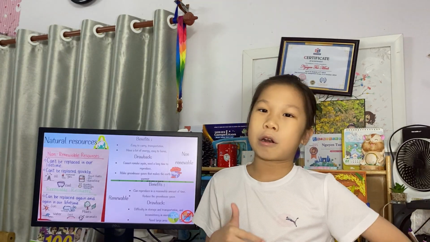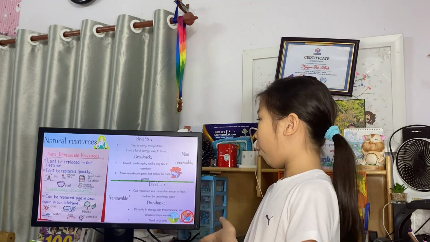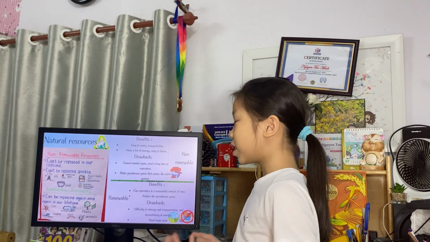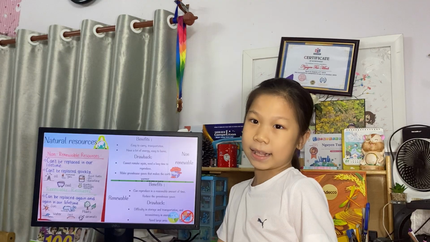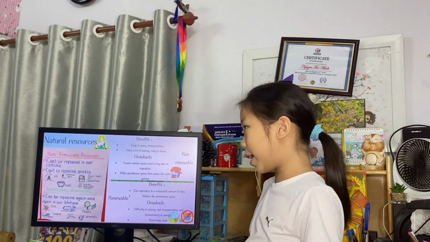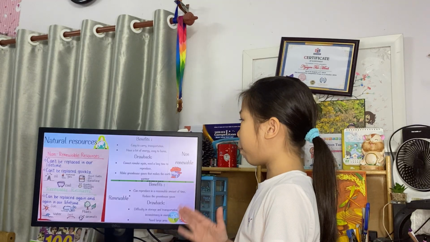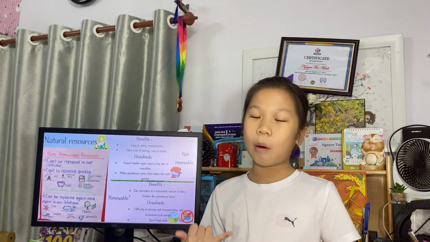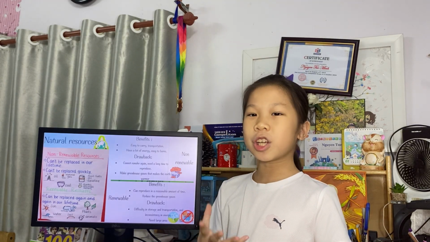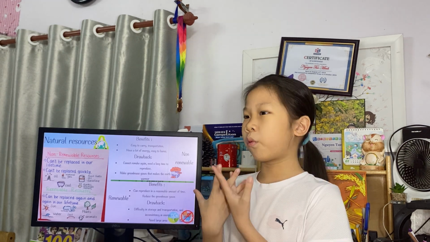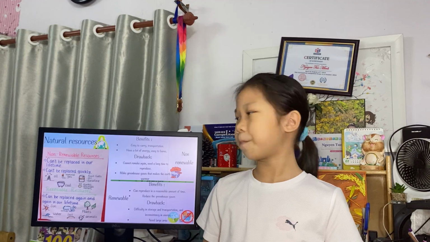So now what about the drawbacks? Well, it's non-renewable, so it cannot be made again. It is finite. And when we burn the oil and coal to make electricity, it also releases greenhouse gases.